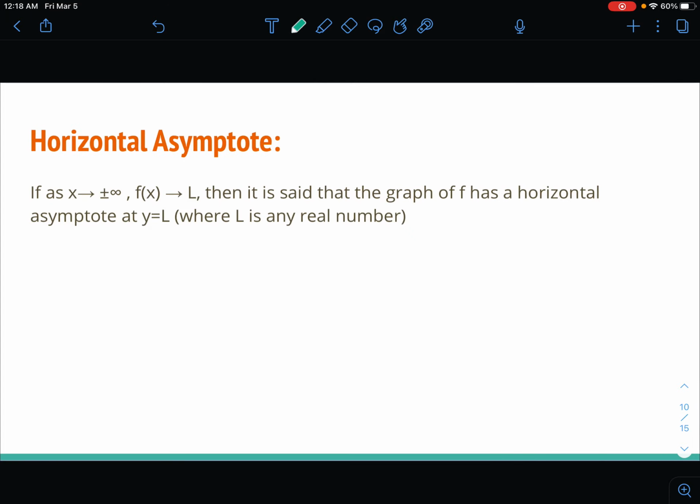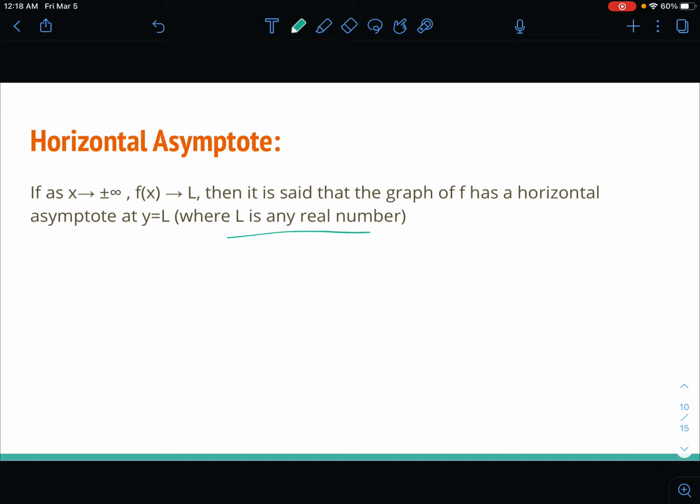So horizontal asymptote. We're going to take a look at this, and here is our abstract definition, and we'll get into some concrete examples. As your inputs get closer to positive or negative infinity, so again, we're thinking end behavior, f of x approaches some number L. L is any real number.